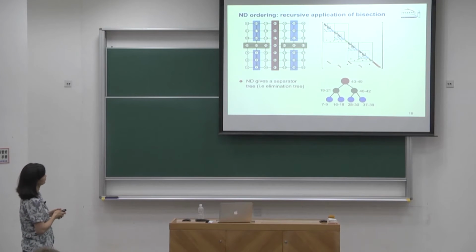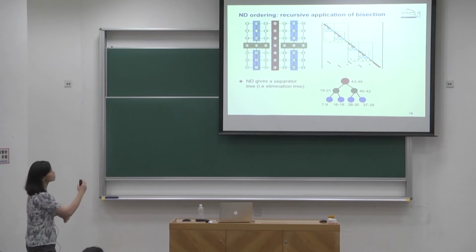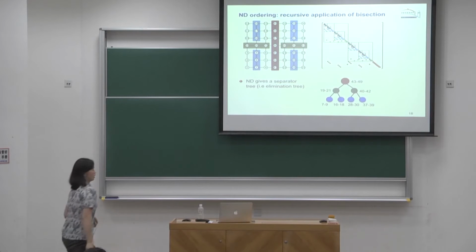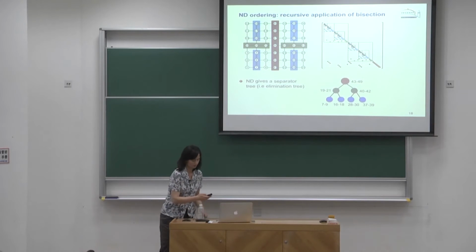So you first eliminate 7 to 9 in this picture. I mean, there's some stuff going on at the bottom, but just look at the separator. This is 7 to 9, eliminated first, and then 16 to 18 second, and then 19 to 21 here. And on the other side 28 to 30 is one separator, and so on. And by the time you get to the top step, this elimination tree gives you the dependency of the whole Gaussian elimination. How do you follow this?